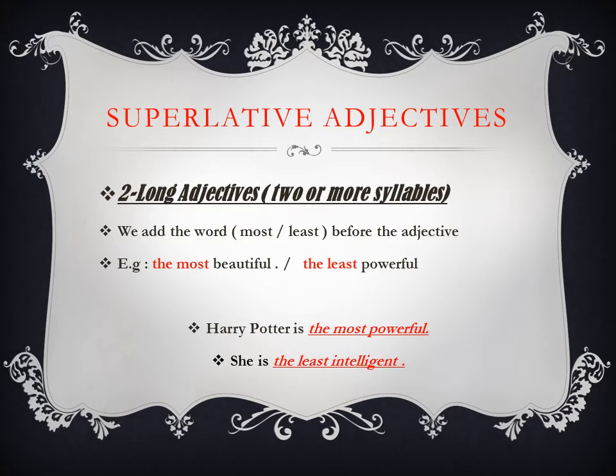Harry Potter is the most powerful among his friends. She is the least intelligent girl in the class. So if I have a long adjective and I want to make it in superlative form, I have to put the most or the least before the adjective.